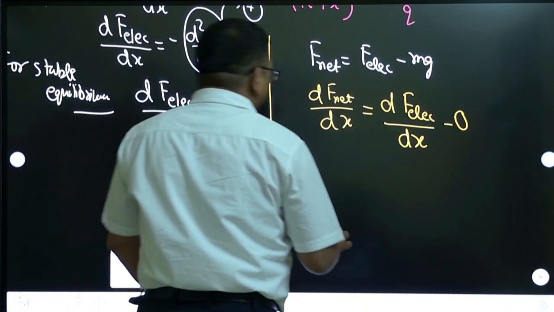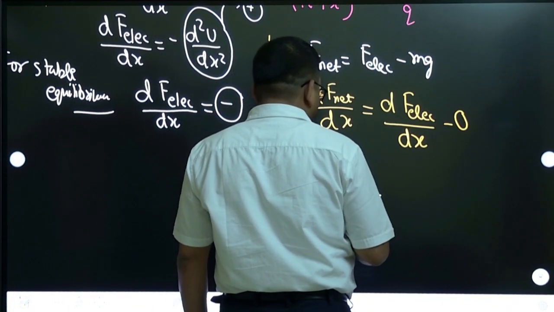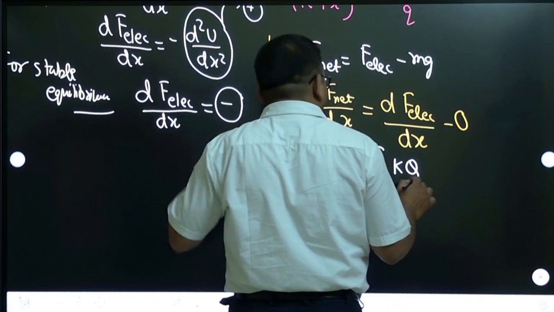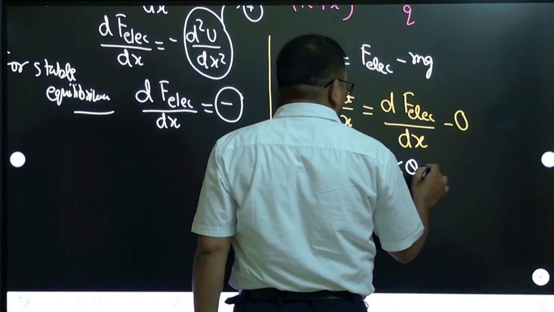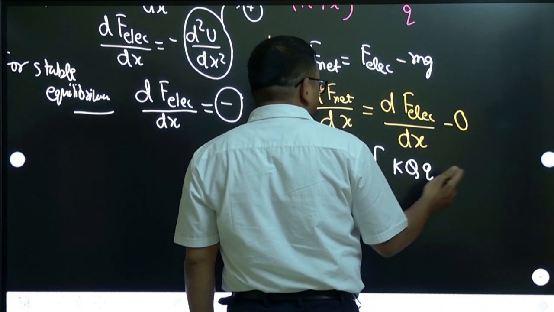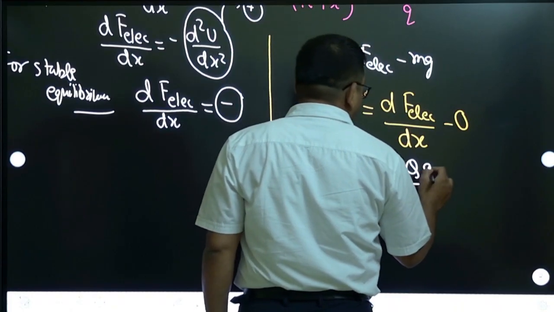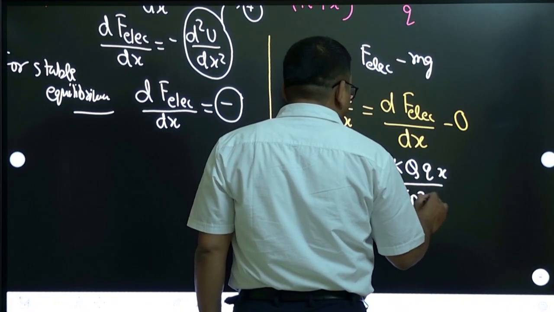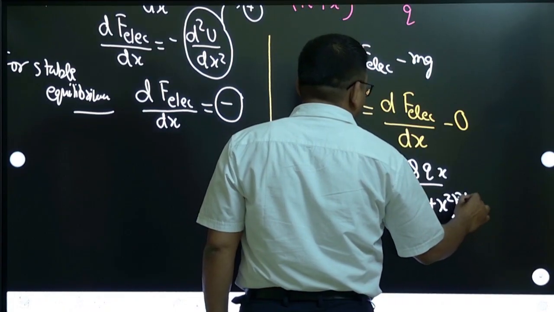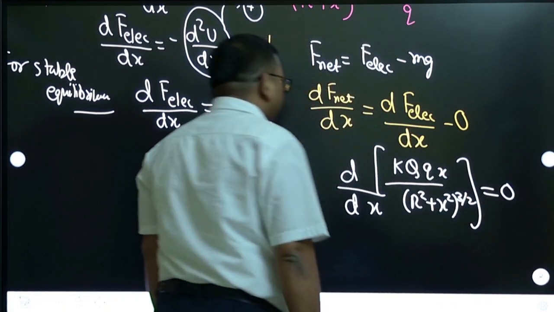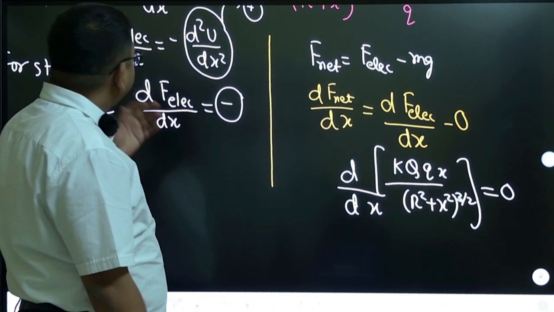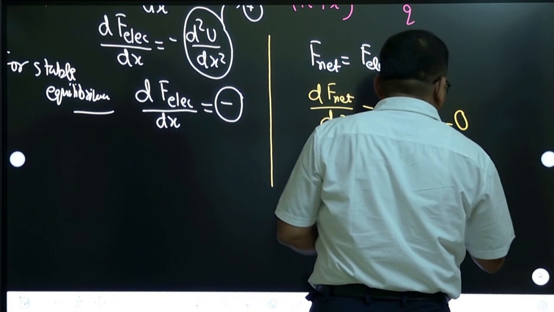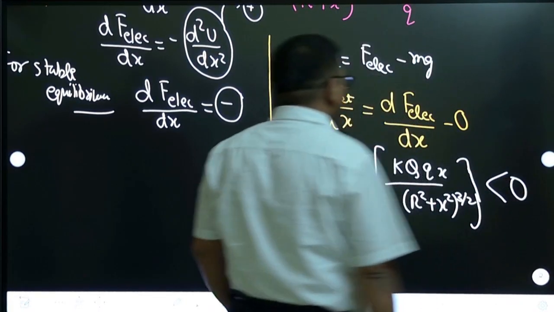Okay, let us again do that differentiation. We are going to differentiate the electrostatic force, that is small q into E, and the field formula is Kqx by (r square plus x square) power 3 by 2. Not 0, sorry. You calculate this and this has to be negative.